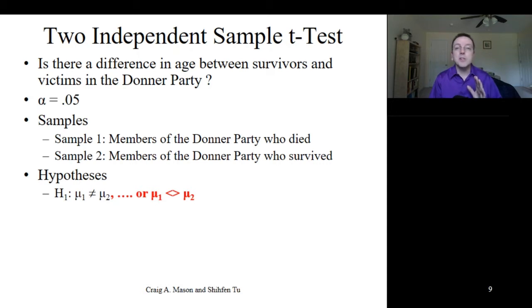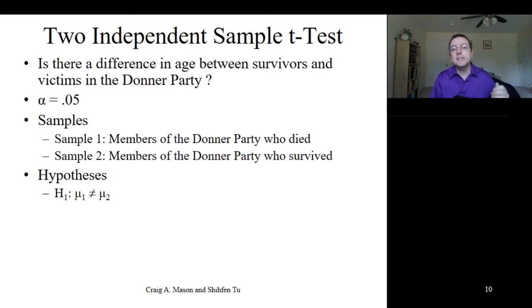Now, also notice that we're talking about populations and mu's, not samples and x bars. Remember, we know if the sample averages are different because we can calculate them ourselves.